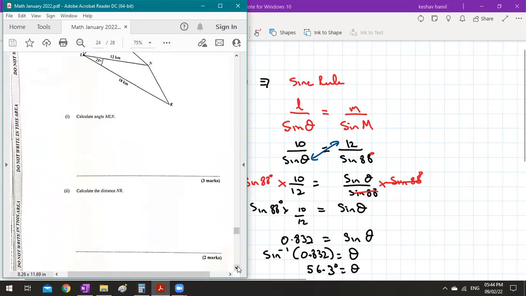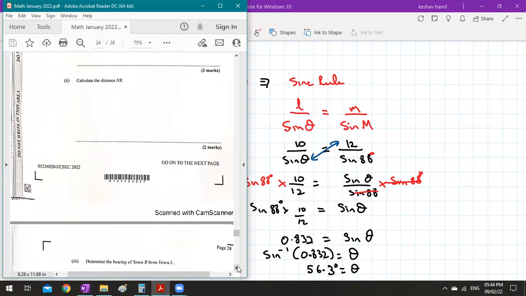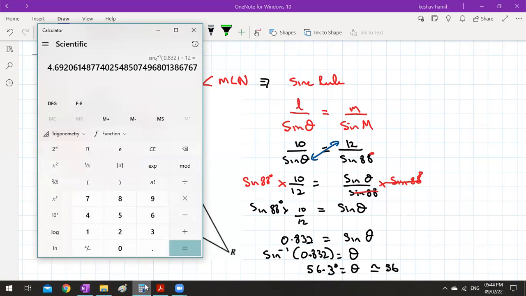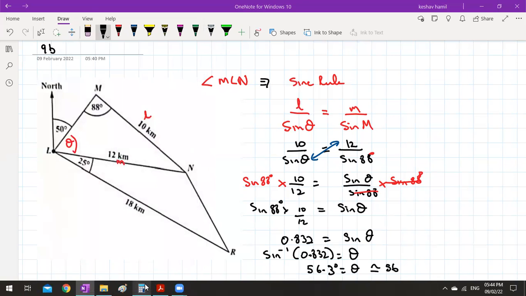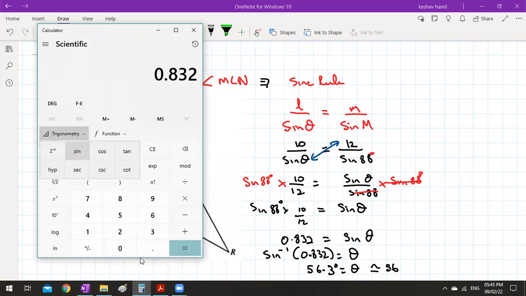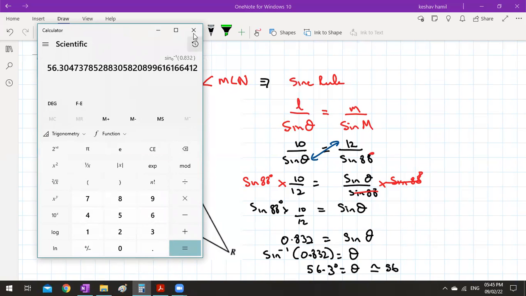Now, I would round this off to get 56. So just checking again. 0.832, second function sine, just making sure.